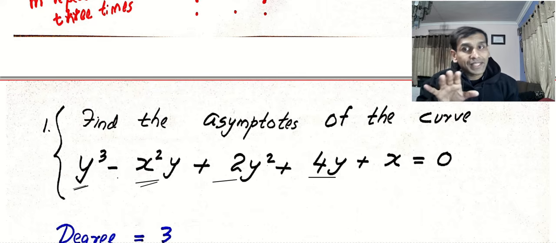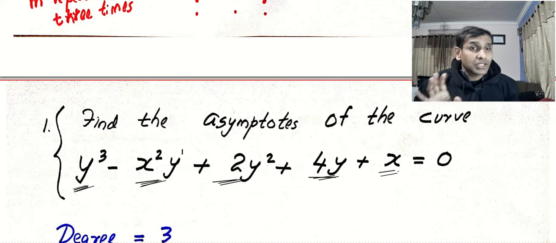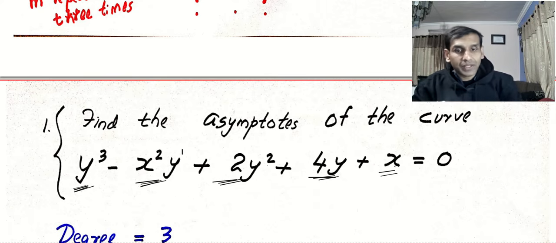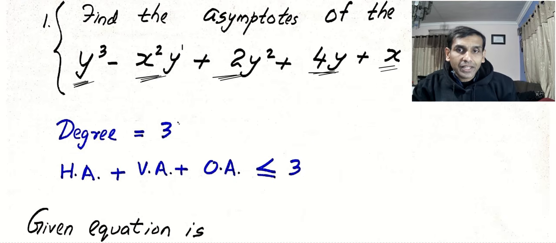Degree means the highest power, or the sum of the powers of the variables if it is in product form. So degree 3, degree 3, degree 2, degree 1, degree 1, and no constant term, no degree 0 term.